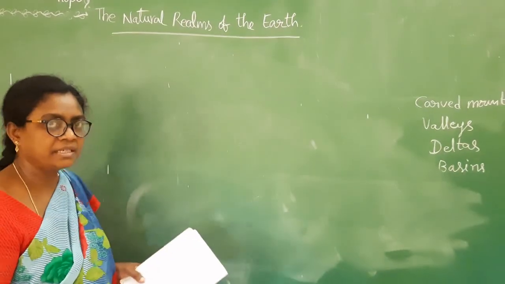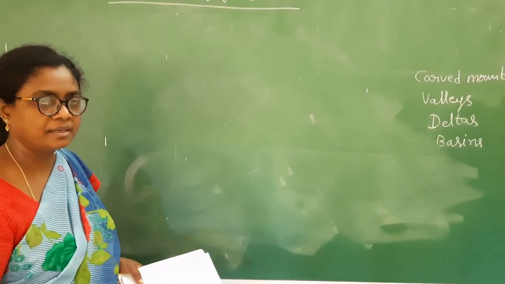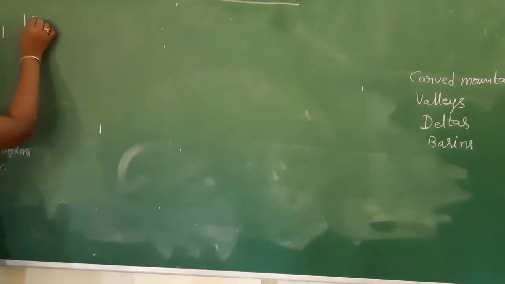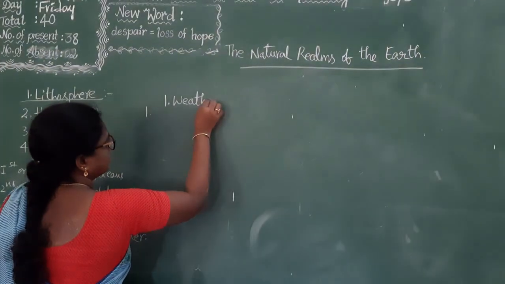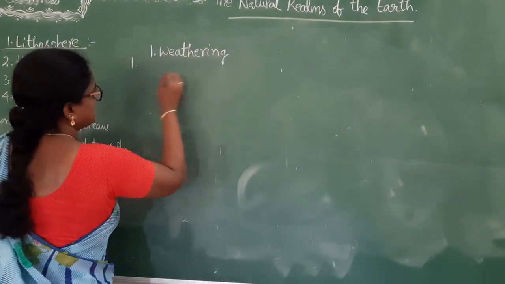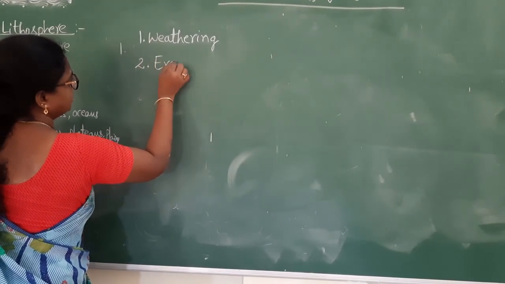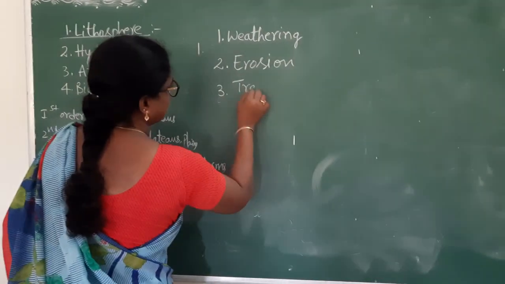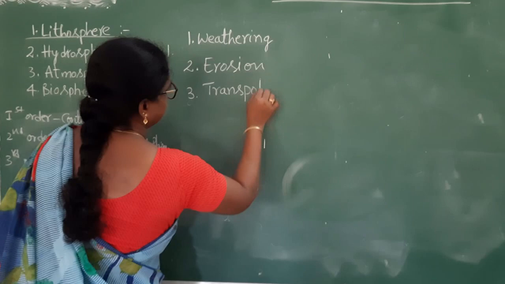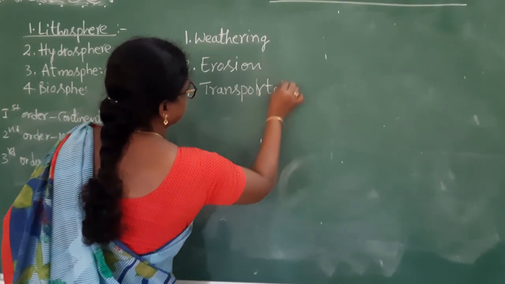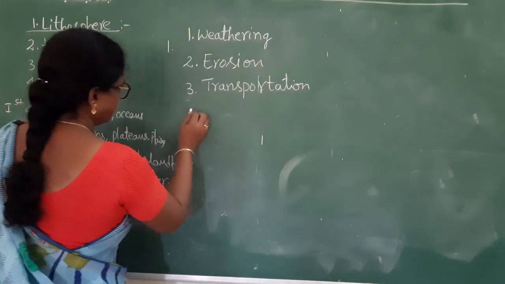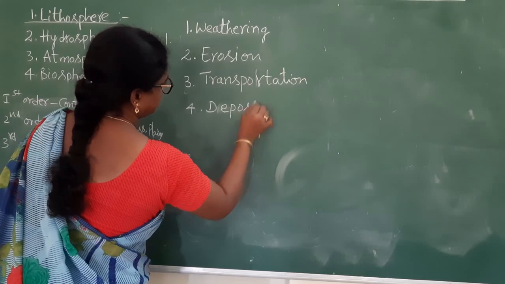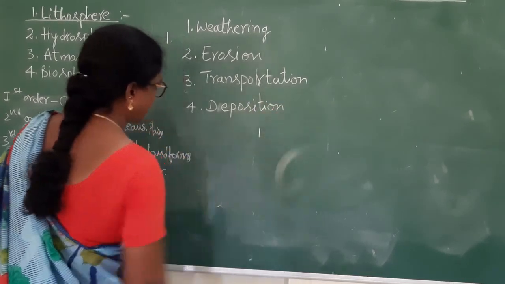What are the main reasons for these third order landforms to occur?